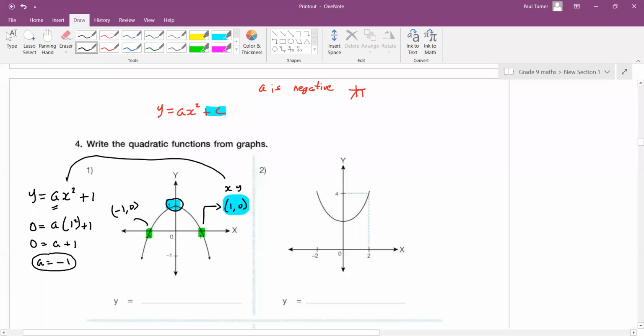So I took this point and I substituted. So you should write this down because you may see this again later. Definitely in grade 10, you're going to see these. So substitute the point on the graph, which is this 1, 0 on the graph, into the equation. So this will be hard for some of you, but you just have a go and see if you can do it.